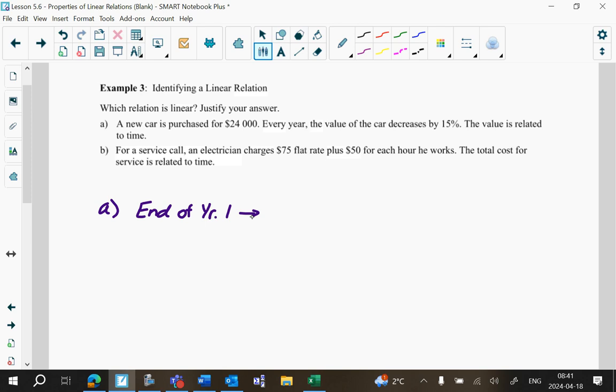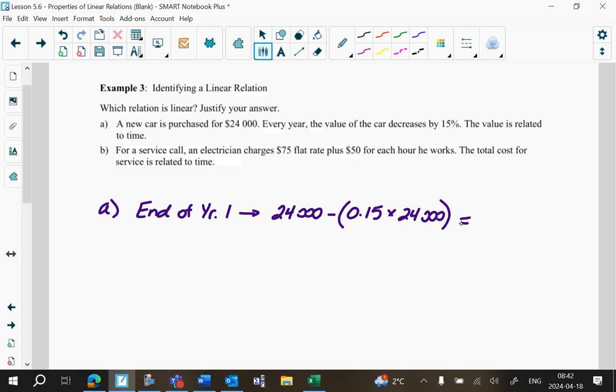That tells me how much it goes down, and then subtract that from 24,000. So I have to do 24,000 minus, and to calculate a percentage of a number, we change it to decimal. 15% is the same as 15 hundredths, which is 0.15, times the value. And that will give us the new value of the car after 1 year.